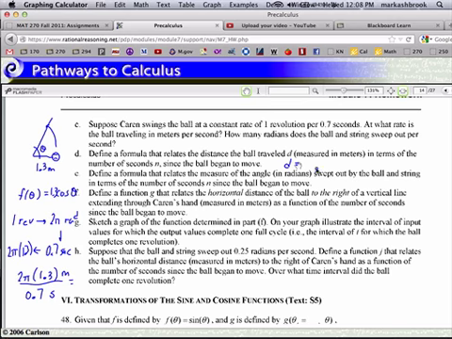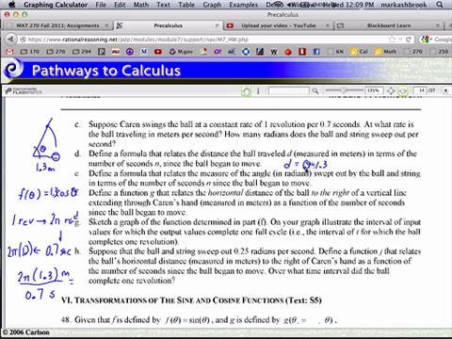And how do we get arc length? It'll be the number of radius lengths, which is theta, times the length of each radius, which is 1.3. So this would be how many radius lengths it goes around, and this is the length of each radius.